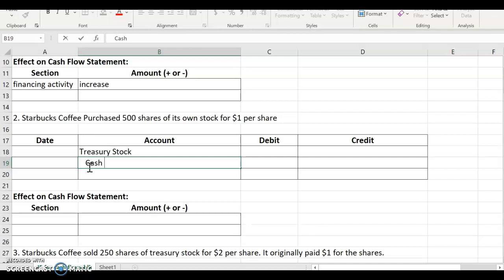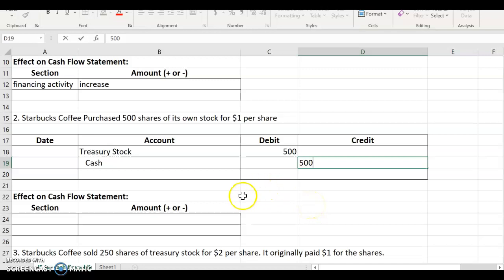Okay. So treasury stock is a capital type transaction, but treasury stock reduces capital. So rather than having a credit balance, it has a debit balance. So 500 times 1 would be 500. So we're paying out cash of 500.